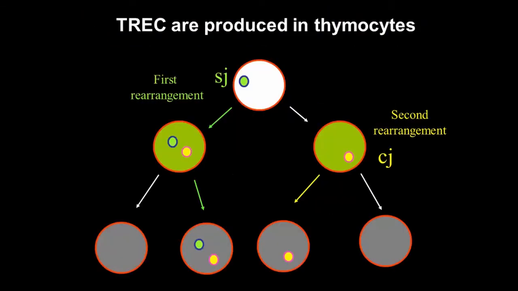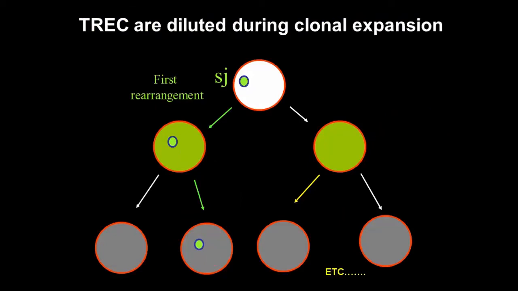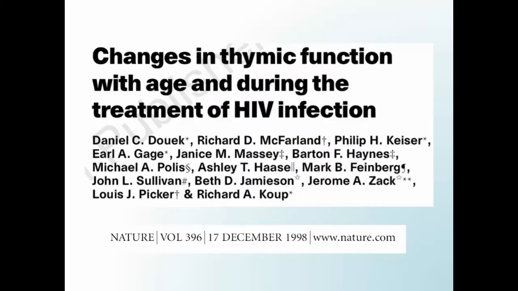These circles dilute when there is a proliferation of thymocytes, and they are diluted during clonal expansion. So at the end of the day, if you measure the amount of TRECs in blood cells, you have an idea of the age of the thymus and of the activation of the immune system.